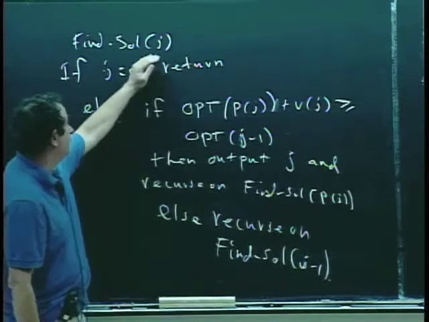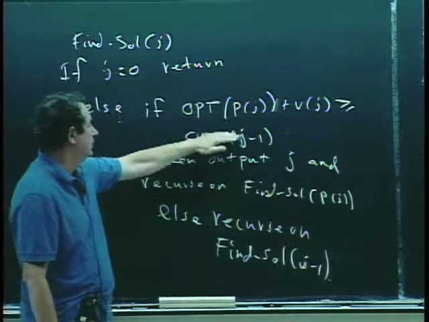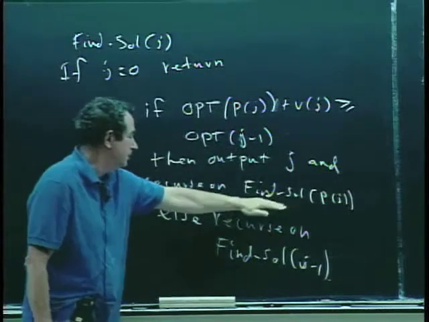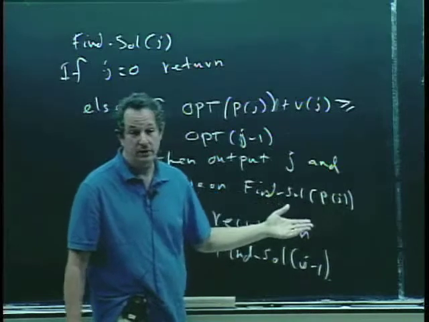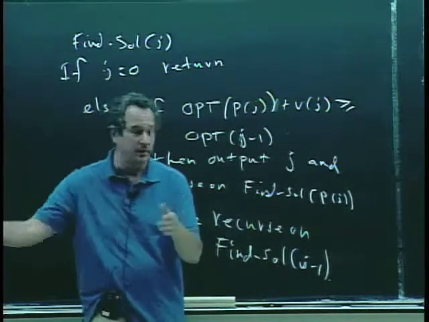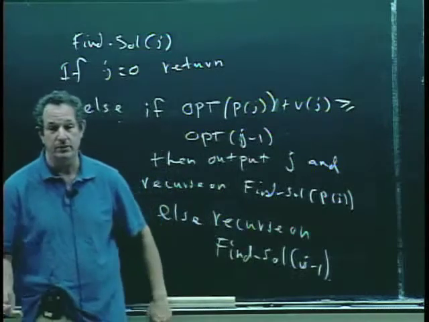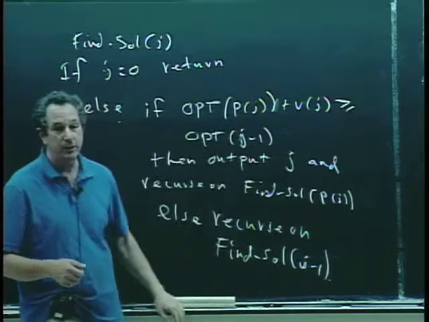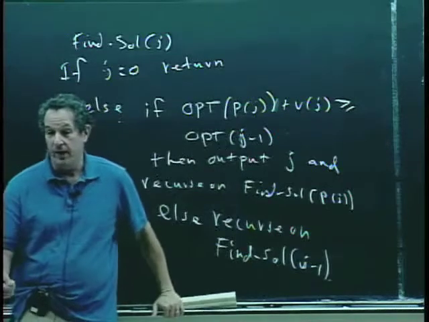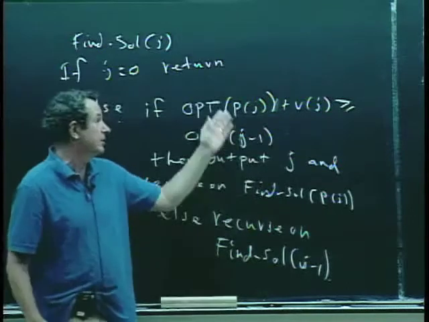So on each j, either you return, okay, that's fine, or you're going to recurse on find sol pj, and pj is less than j, so those are always decreasing. Or you're going to recurse on find sol j minus 1, which is also less than j. So for every time you enter this, you're going to recurse on some value find sol with a parameter smaller than j.